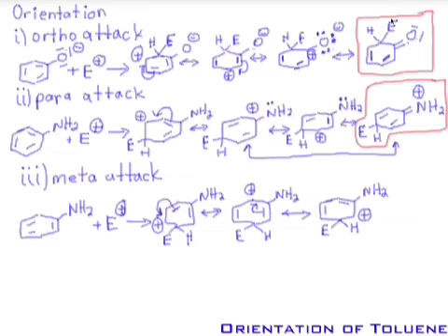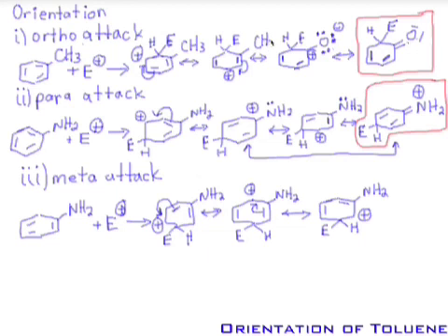Okay, what about when we put a methyl group on the ring? And we're going to consider orientation of attack. Well, now we lose two resonance structures. If there's a methyl here, and I do my substitution, I cannot draw the fourth resonance contributor.